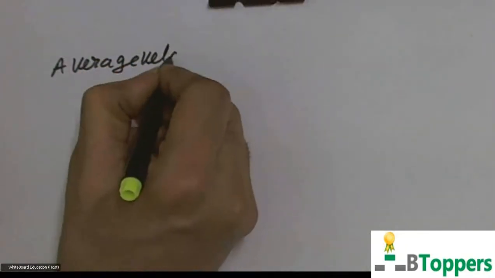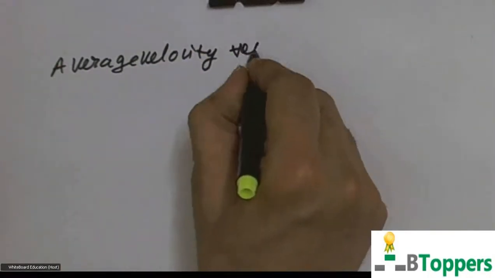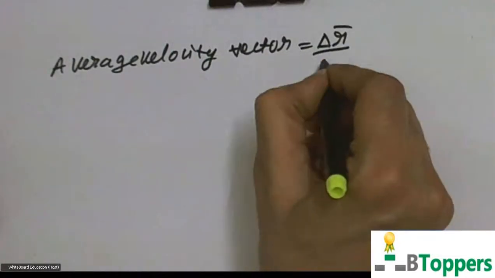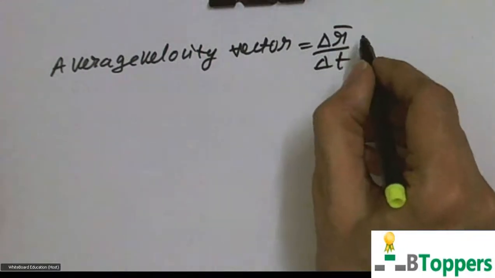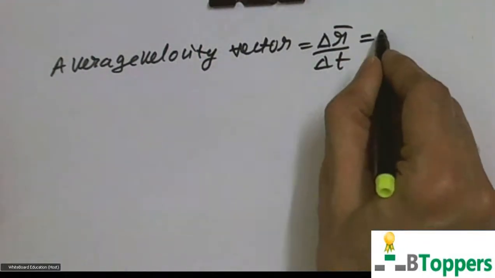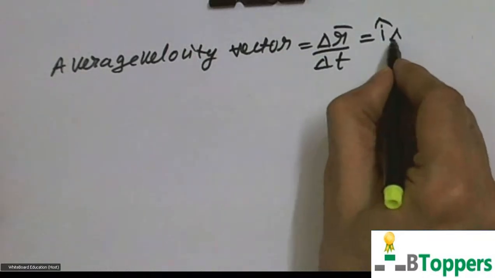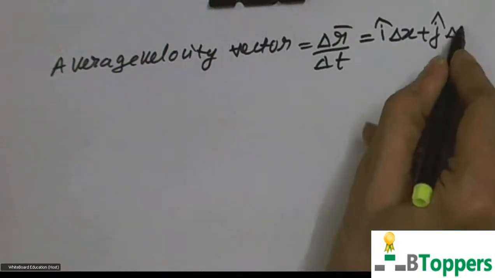So suppose the particle moves in the xy plane, then the average velocity vector, we write as delta r bar by delta t. As I discussed earlier in vectors, delta r bar you can write as i cap into delta x plus j cap into delta y.